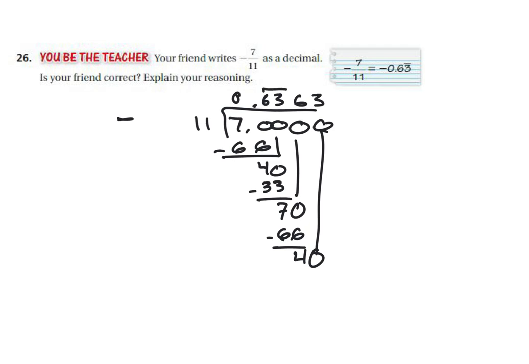But what we're seeing is that the 6 and the 3 repeat. So your friend was wrong. So is your friend correct? That would be a no. And why? Because they just put a bar over the 3, and the answer should be 0.636363 repeating.